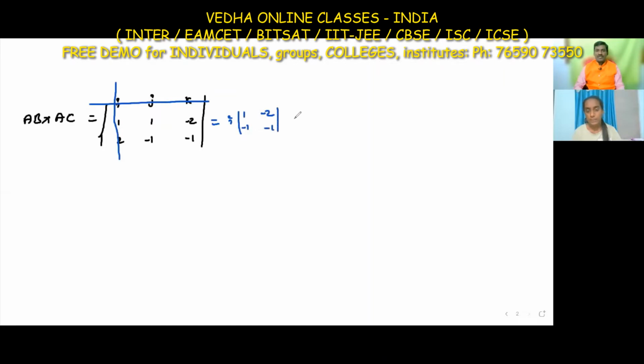Minus j into, closing the row and column, 1 minus 2, 2 minus 1. Plus k into, closing the row and column, 1 1, 2 minus 1.